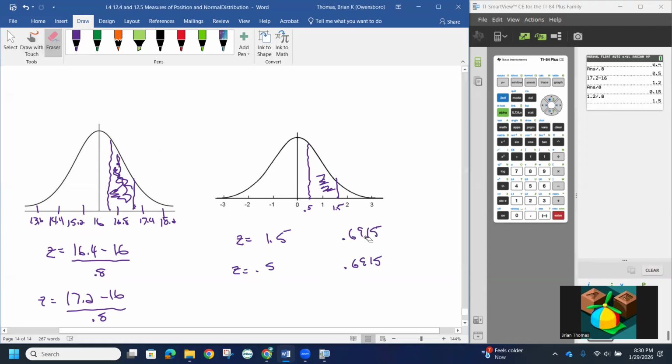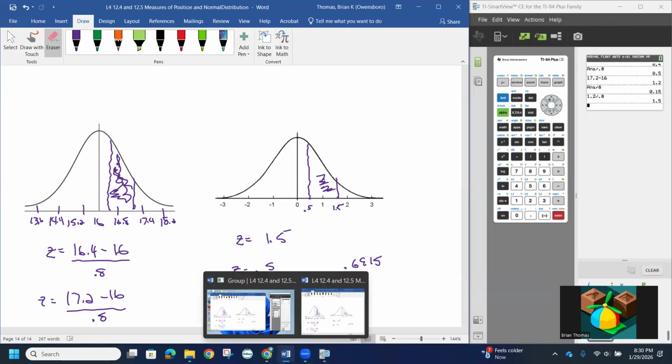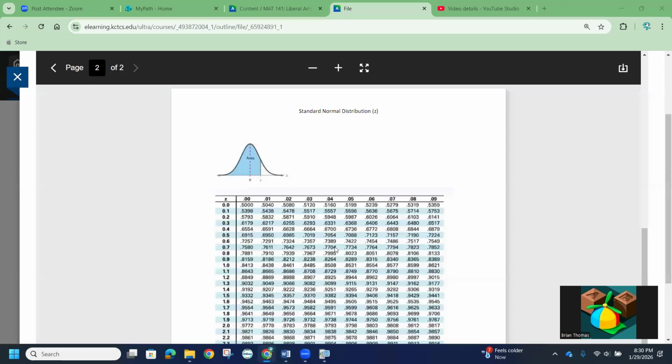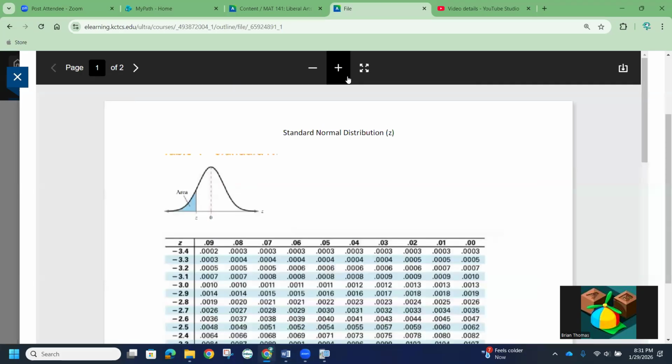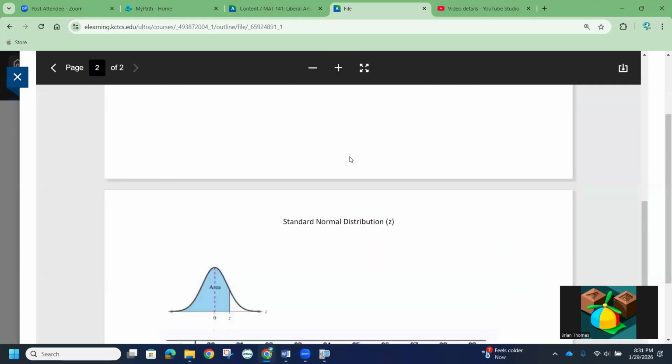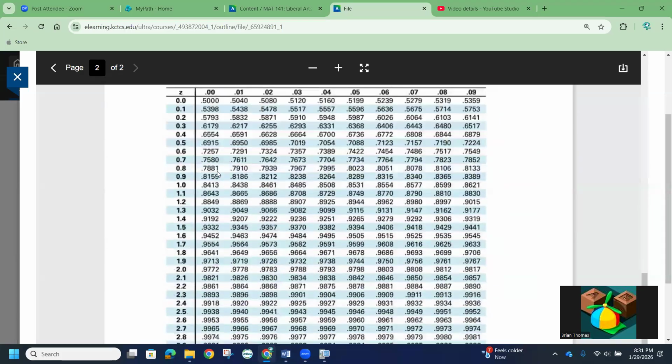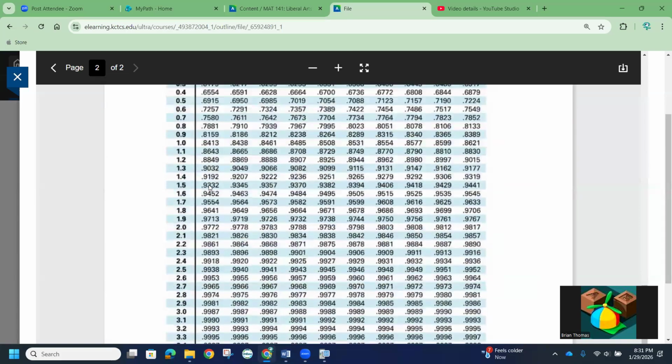I said I wanted to do the 1.5 first, and I didn't. So let's go back and do 0.5 and 1.5. So let's double check that there. So 0.5 was 0.6915, but we need 1.5 now.